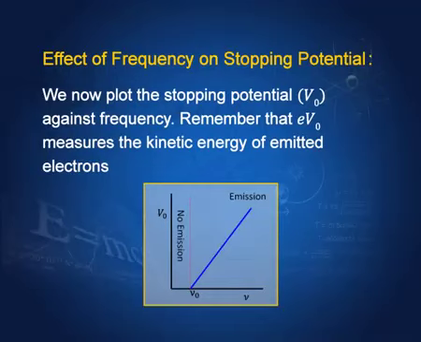Let us now study the effect of frequency on stopping potential. If we plot stopping potential against frequency, we find that at frequency nu 0, below that frequency there is no current. Whatever the stopping potential, there is no current.